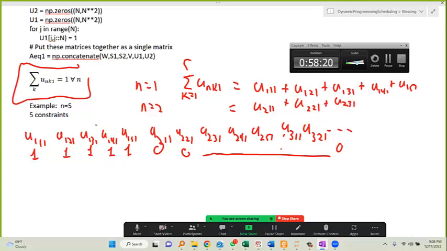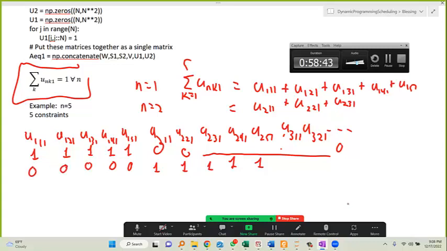So where are those ones? The ones will start from U211, and then the other one will start from U22. So that's the difference between this and the first one. Yes, that's right.